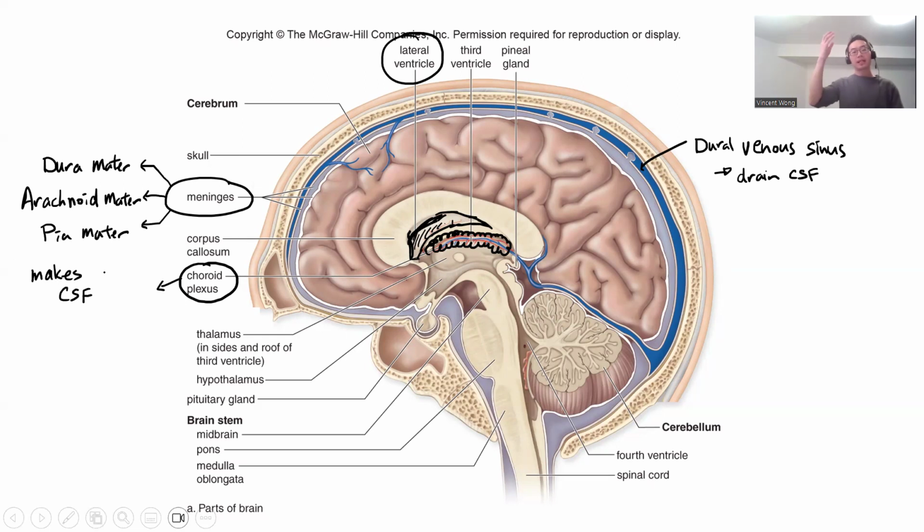So you have choroid plexus in each of the ventricles, not just the lateral ventricles, but you also have them in the third as well as the fourth. So let's see where the third ventricle is. Third ventricle is right here. There's a little oval here with a dot in the center. That's how you know it's the third ventricle.